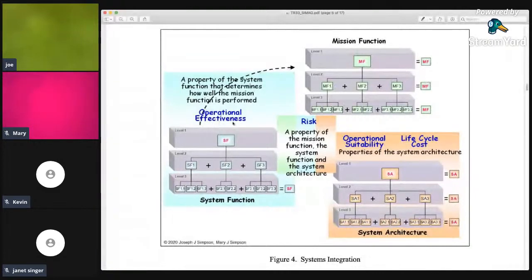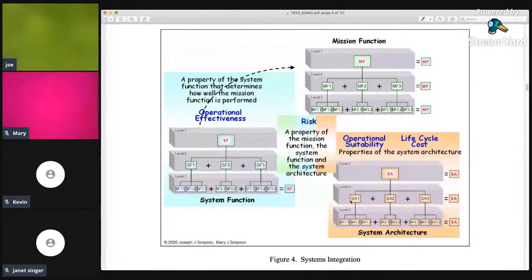And you measure that achievement through operational effectiveness and measures of effectiveness. So you have well-defined measures that are used to decide whether or not whatever your architecture is going to meet the mission function. And then operational suitability: you could have one or more architectures that can do the mission function, but they have different operational characteristics and operational profiles.